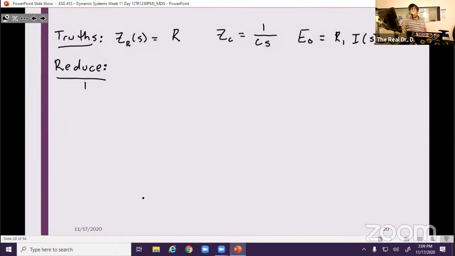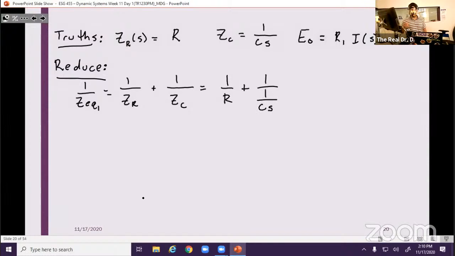So we've got two things in parallel. 1 over ZEQ1 is equal to 1 over ZR plus 1 over ZC, right? Which, well, this is 1 over R plus 1 over CS, or 1 over R plus CS, because 1 over puts it back up to the top.